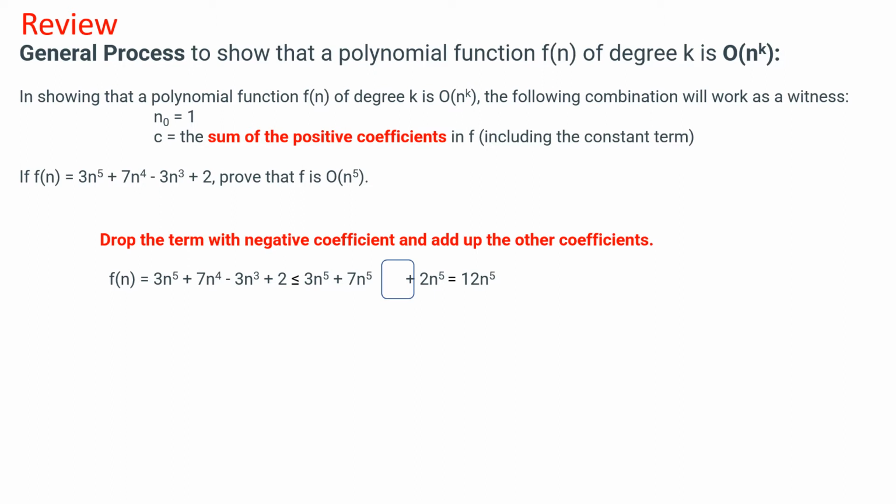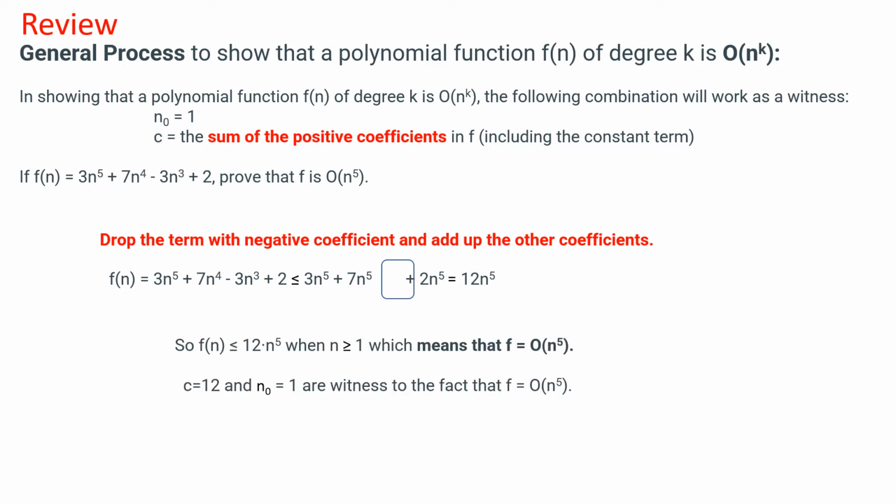So this new expression is going to be greater than the original function. Once we pump up those exponents, we can combine the like terms. And so we would here get 12n to the 5th after adding up the 3, the 7, and the 2.